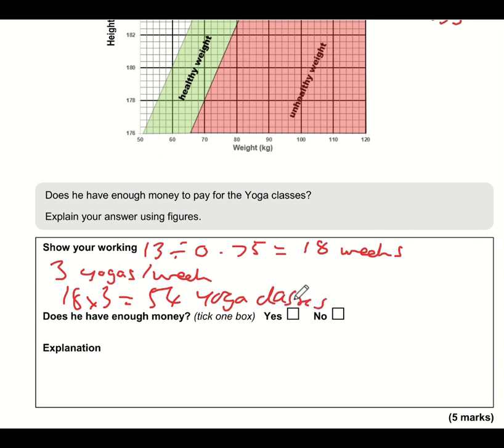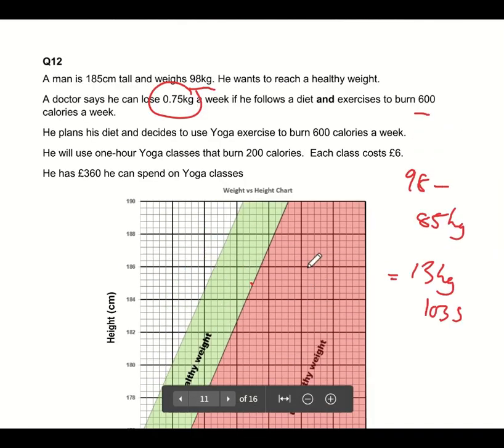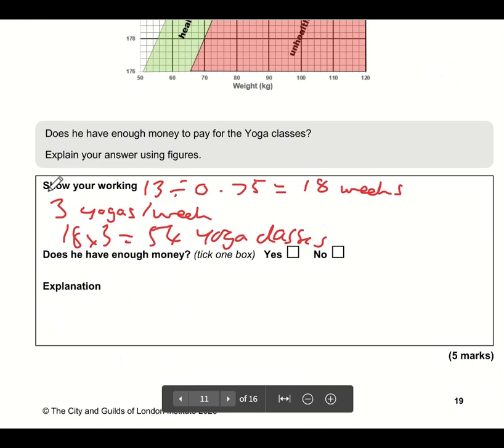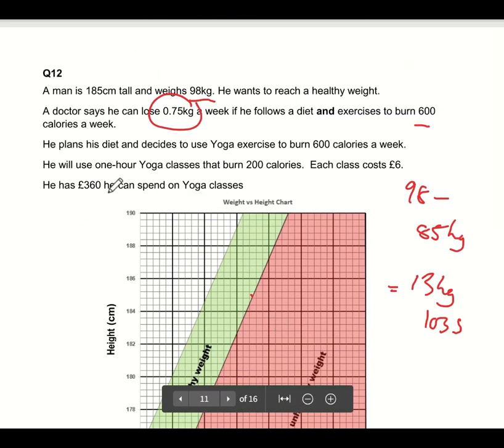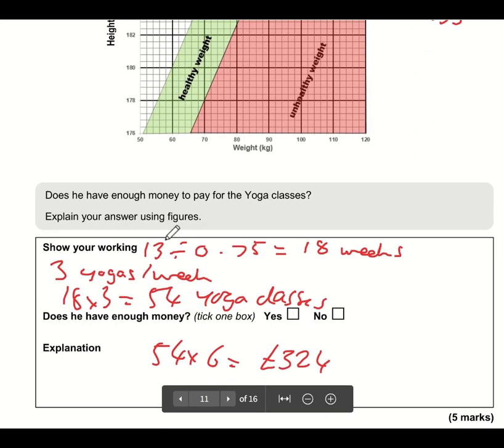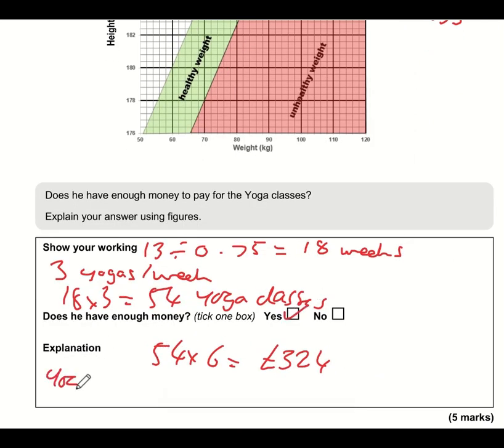And how much does it say yoga classes cost? I think it was £6. £6, yep. So how much is that going to cost? 54 multiplied by 6 is £324. And how much money does he have? He has £360. Does he have enough money? Yes, he does. So the explanation is the yoga classes will cost £324, which is less than the £360 that he has available.